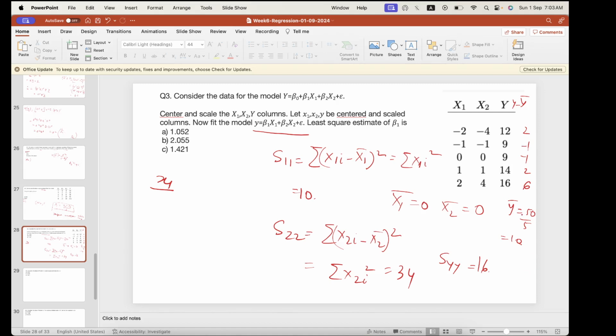Oh, sorry. This is actually y bar is 60 divided by 5. So y bar is actually 12. Okay. So y minus y bar is actually 0, minus 3, minus 3, 2, and this is 4.